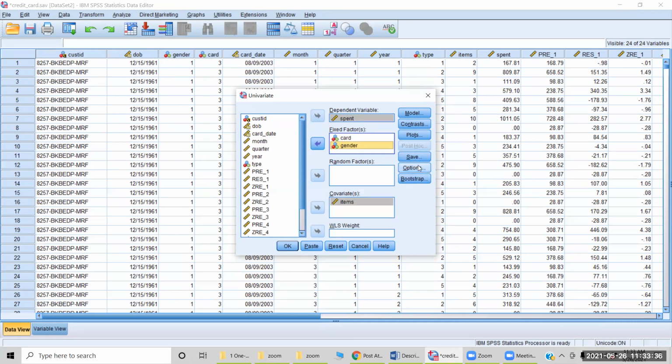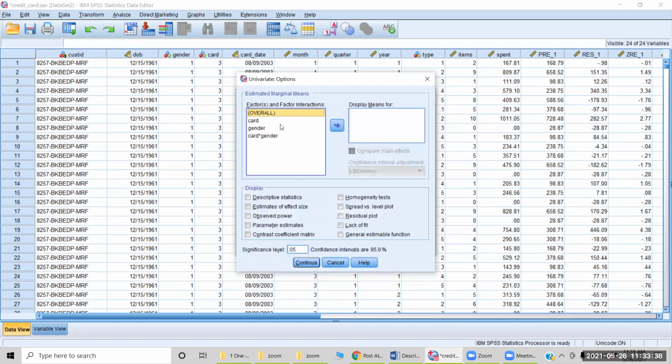Such type of analysis is known as factorial ANCOVA. What options do we need to select? We go to Options, and here we need to select overall, card, gender, and then card into gender. Since post hoc cannot be applied, as an alternative to post hoc we will choose Bonferroni, which compares the average expenditure on each card with the rest of the cards.